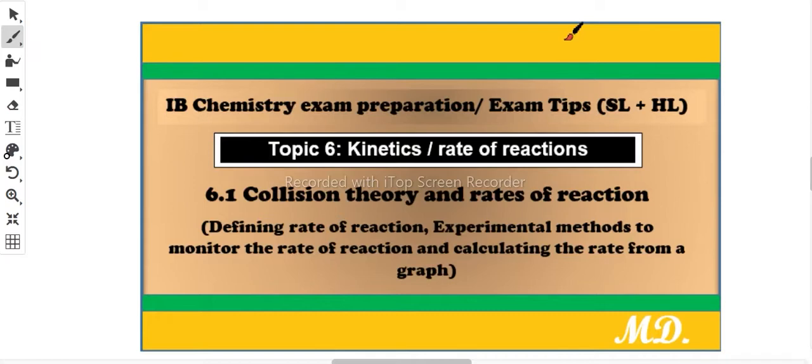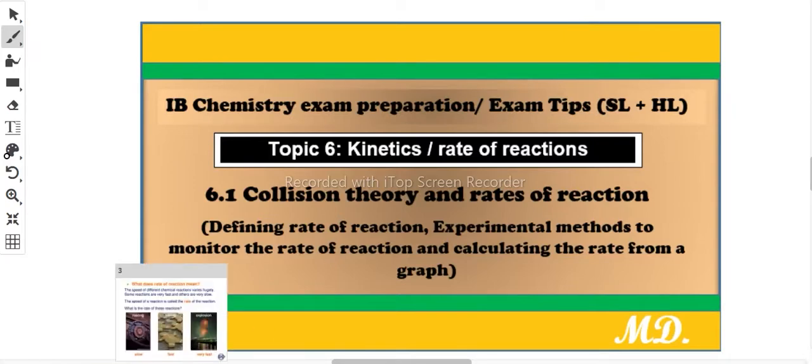We will also cover different experimental methods that can be used in order to monitor the rate of the reaction. Besides that, we will also learn how to calculate the rate of a chemical reaction from graphs. So let's get started.